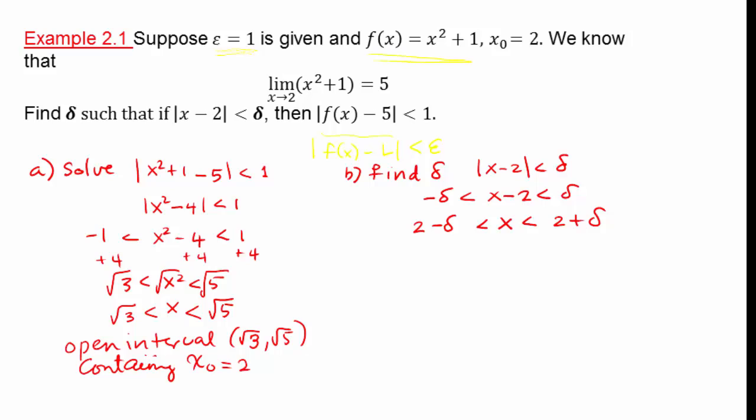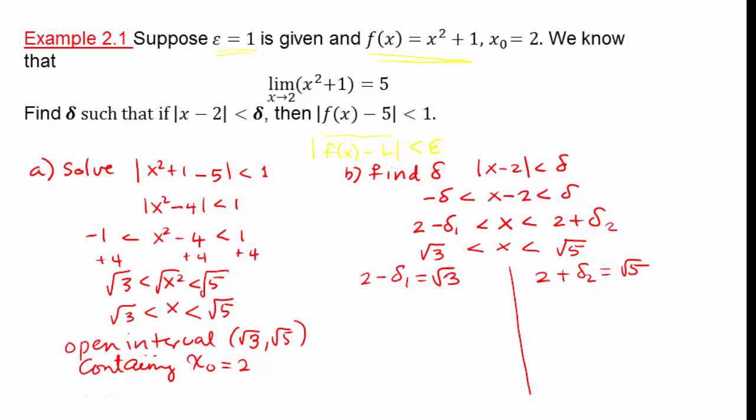So our question now is, if we match this up here, this is square root of 3 and that's square root of 5. So all we have to do is solve these to match up the two. So let's say we call this delta 1 and delta 2. Then we match them up: 2 minus delta sub 1 is equal to the square root of 3, and 2 plus delta sub 2 is equal to the square root of 5.